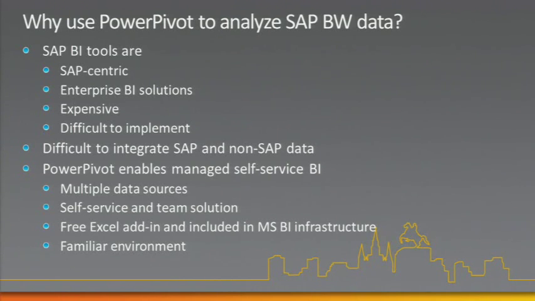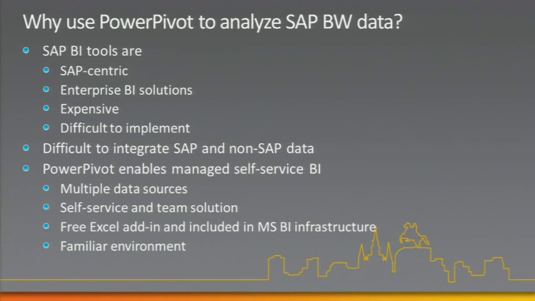So just costly. Another thing about SAP is it's difficult to integrate SAP and non-SAP data. So we get a lot of questions about how are we going to integrate this stuff? Do we take external data and bring it into SAP BW? Or almost always the answer is pull your SAP data out of SAP or SAP BW and integrate it outside of that environment with external data.